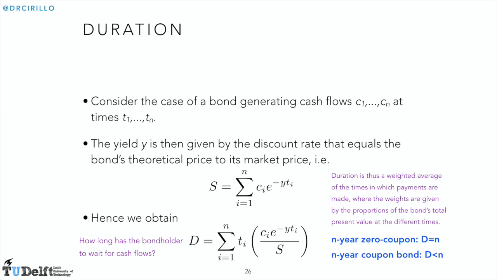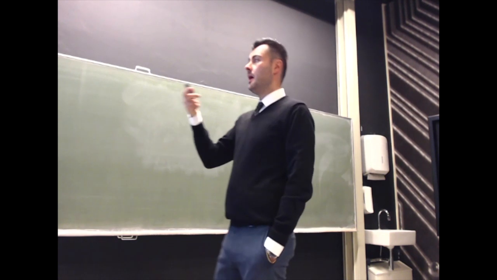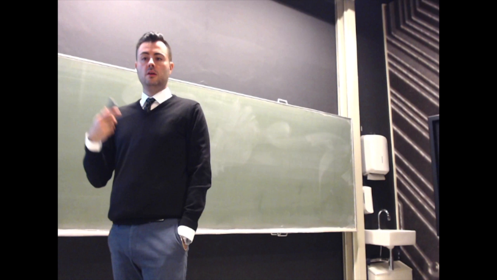I can take it as a weight. And I can use this weight to weight what? The maturities, the T's. So duration can be seen as a weighted average of the maturities, of the times at which I receive money from my investment.